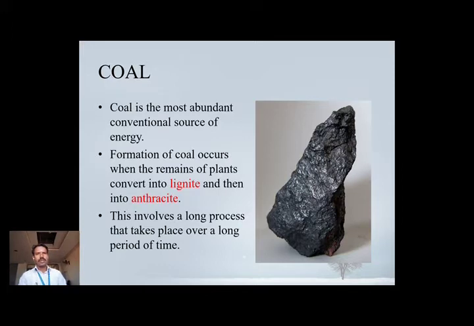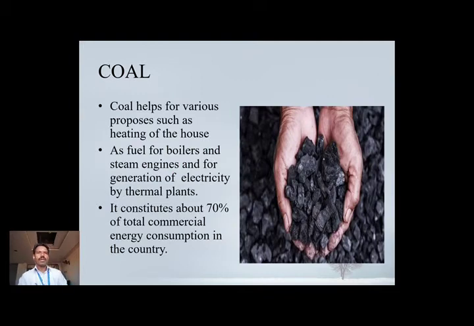Anthracite has a carbon content of more than 95%, and it gives a lot more energy than lignite. It involves a long process over a very long period of time to convert natural resources into coal.